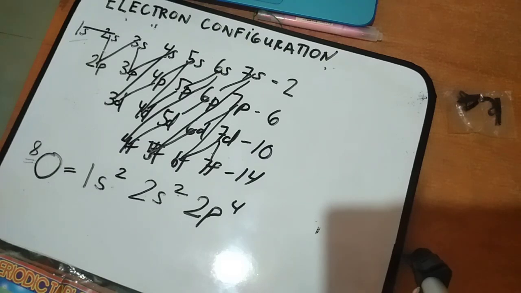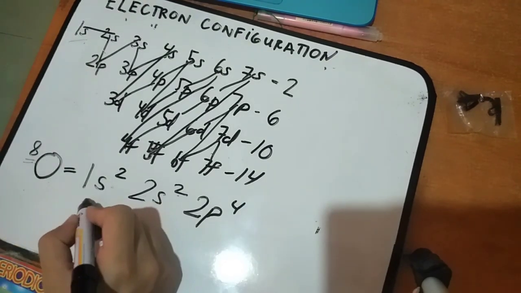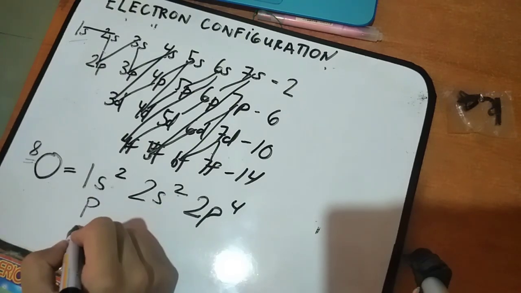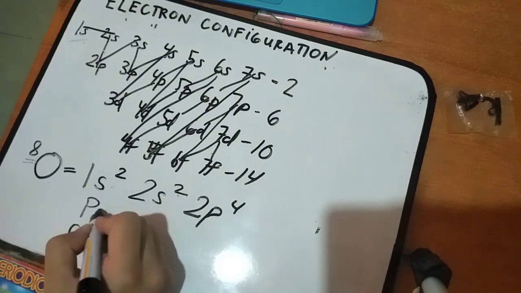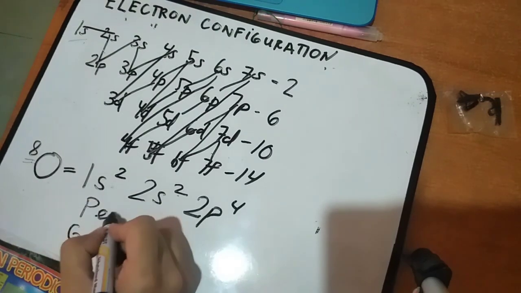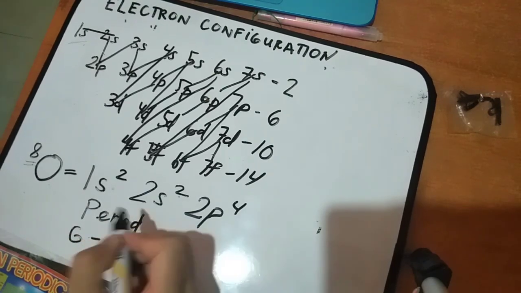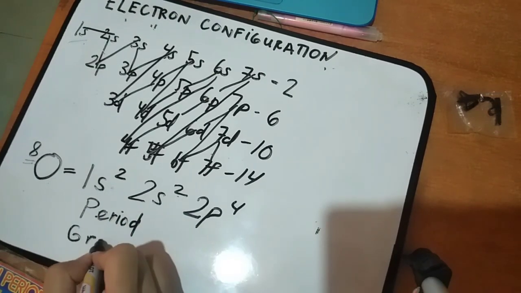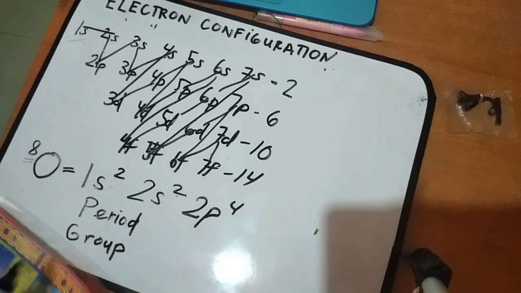So, ano ba ang next natin gagawin? In your worksheet, I have given you what you call P and G. The period and the groups. Diba? This is the period and this is the group.